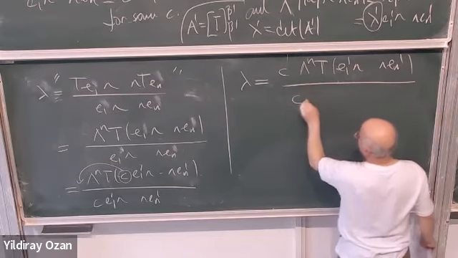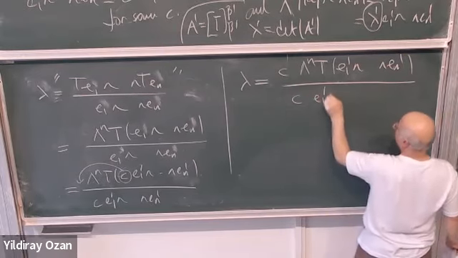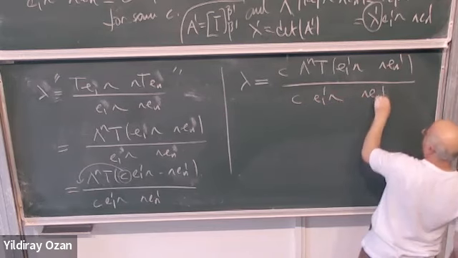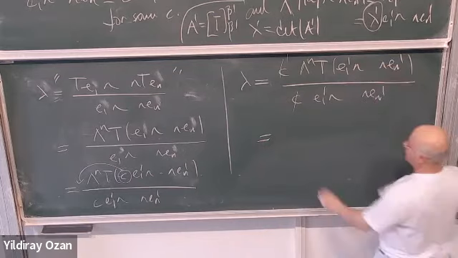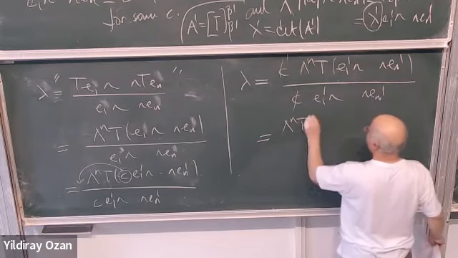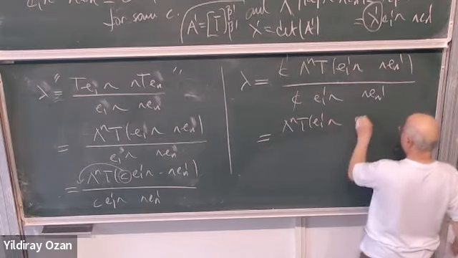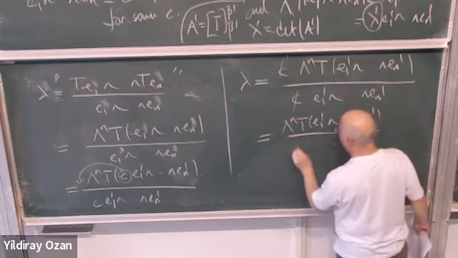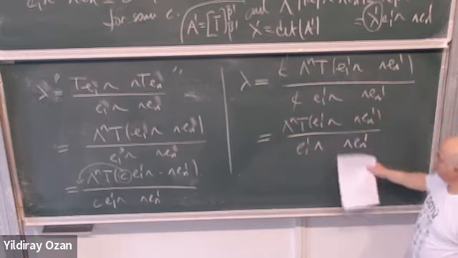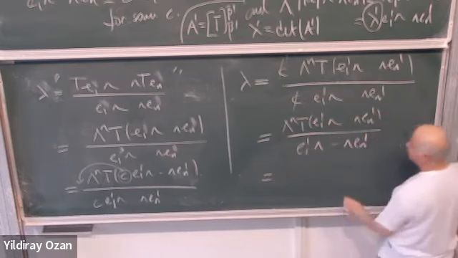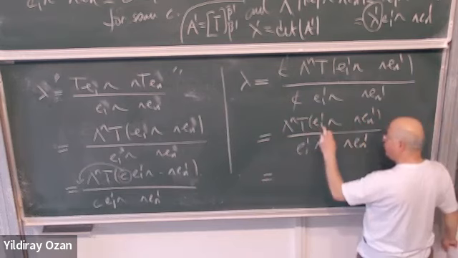And this is just C times E1 prime wedge En prime. Now the C's cancel. I have this gadget divided by this one. But what is this? This is by definition T on this vector.